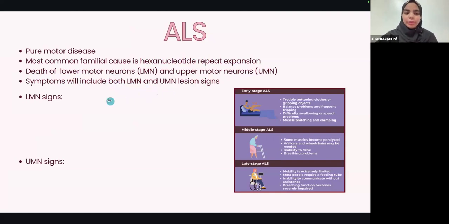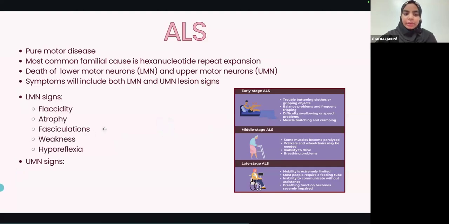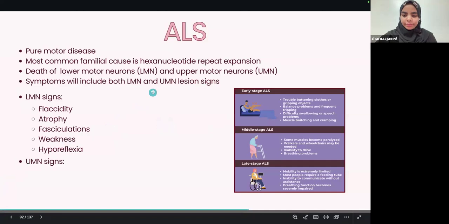So what are some lower motor neuron signs? Atrophy, fasciculations, flaccid paralysis. What about the reflexes? Yes, hypotonia and the reflexes is perfect. Okay, what about upper motor neuron signs?